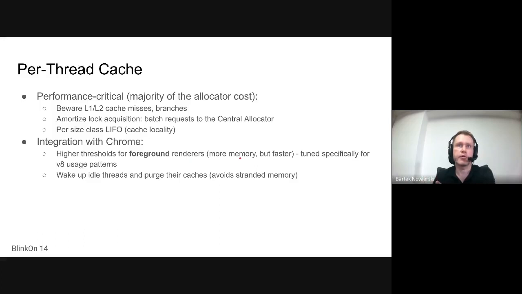Obviously, it eats more memory in this process, but it's faster. It's significantly faster. To counteract increasing memory, we also make sure that we get idle threads to purge their caches as soon as possible to avoid stranding memory for too long.